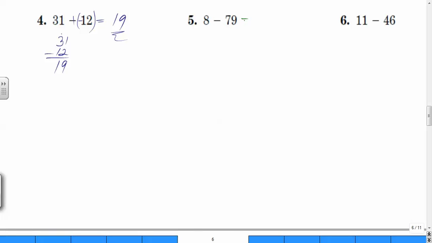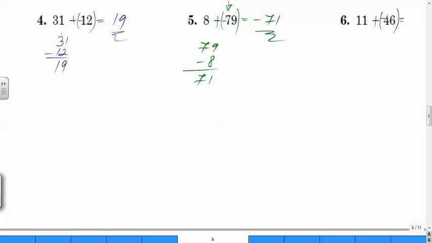8 minus 79. When you subtract, you add the opposite. Your answer will have the sign of the largest one in absolute value, which will be negative. And you have to subtract the smallest absolute value from the largest one. That gives you 71. And the answer here will be negative 71. Okay? Next one. When you subtract, you change both signs.